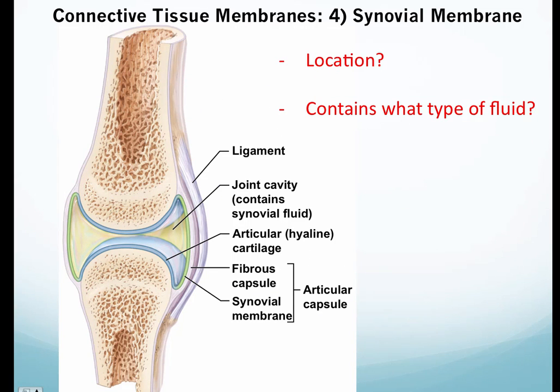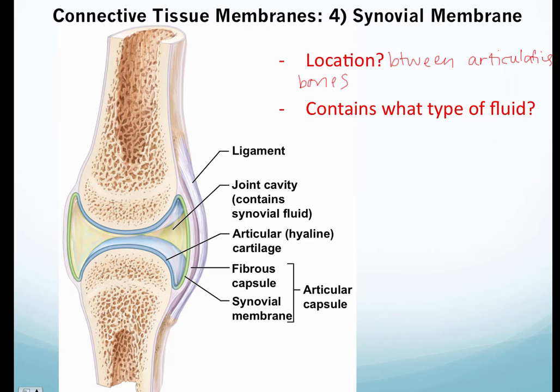Now this last connective tissue membrane we're going to go over is the synovial membrane, and this one is located between articulating bones. And so articulation means where bones come together in close contact. And so this one is between articulating bones.